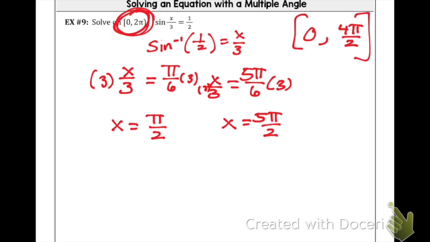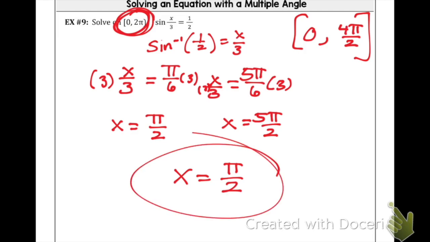I guess we need to ask ourselves, did we go far enough? Yes, 4/2 of pi is 2 pi. So 1/2 a pi works. 5/2 of a pi goes beyond, right? So my only solution that's going to fall within that interval is 1/2 a pi. All right, and there is our answer.